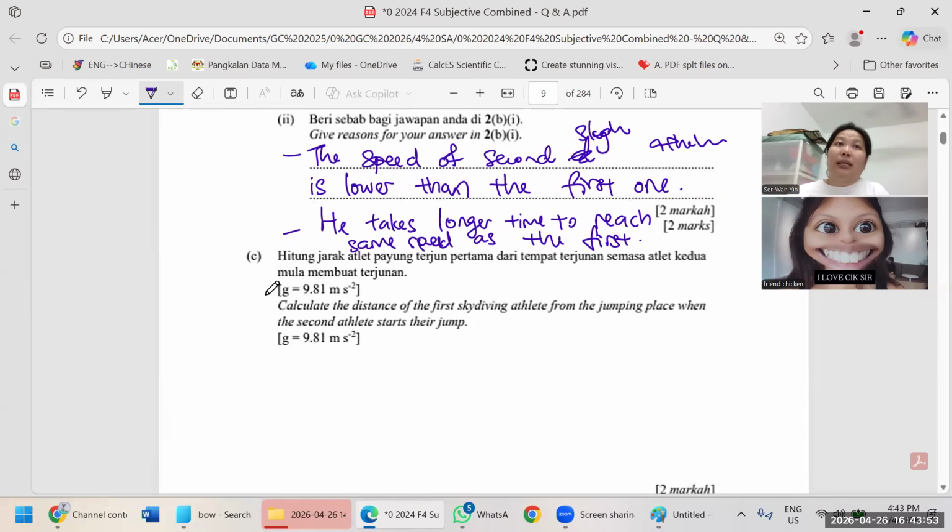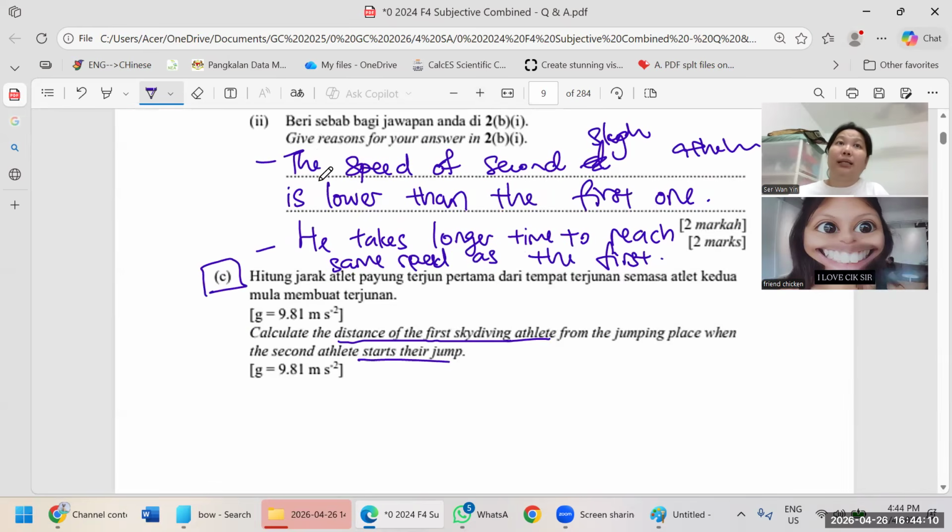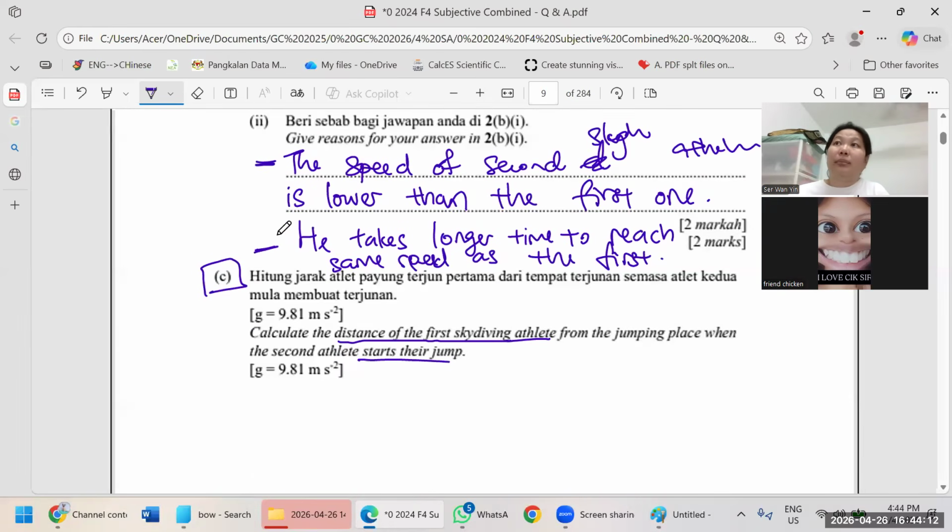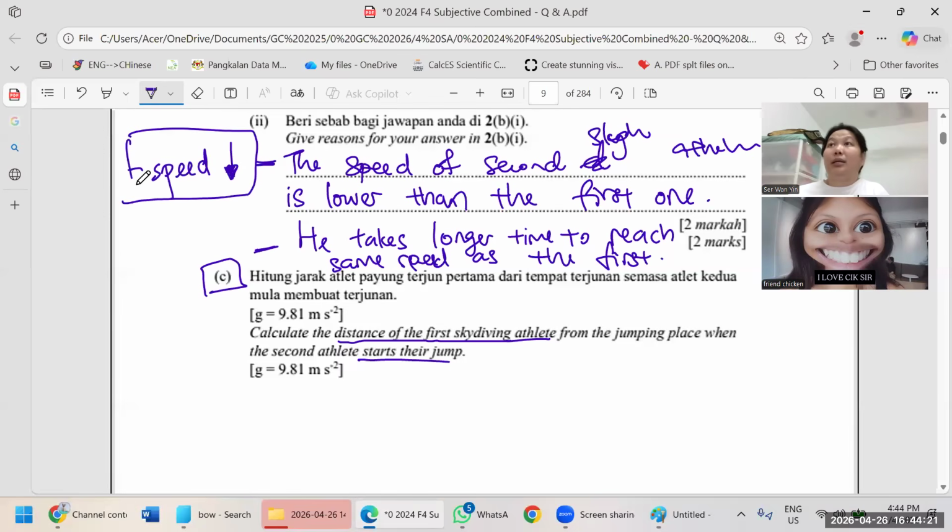Right, so now calculate the distance of the first skydiving athlete from the jumping place when the second one jumps. Can we write in point form? Point form can, but full sentence. If you write like this, the speed low, sorry, wrong.